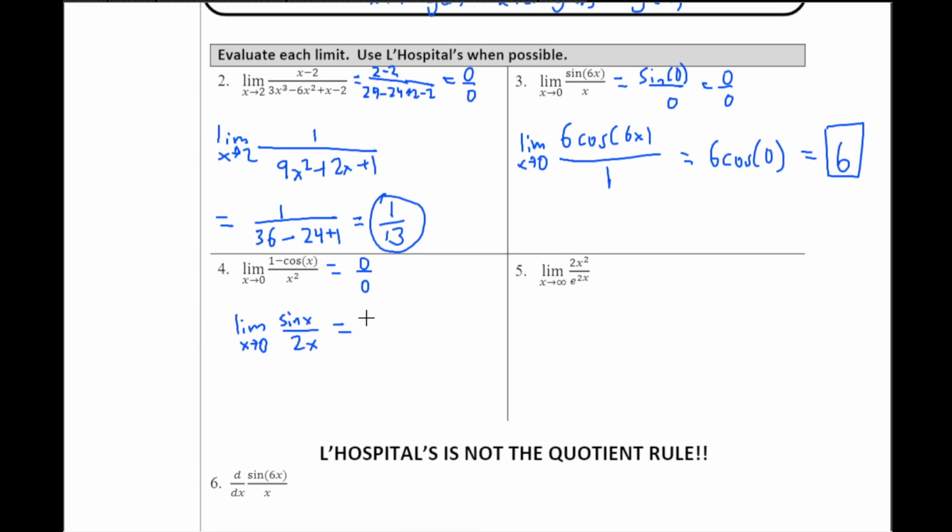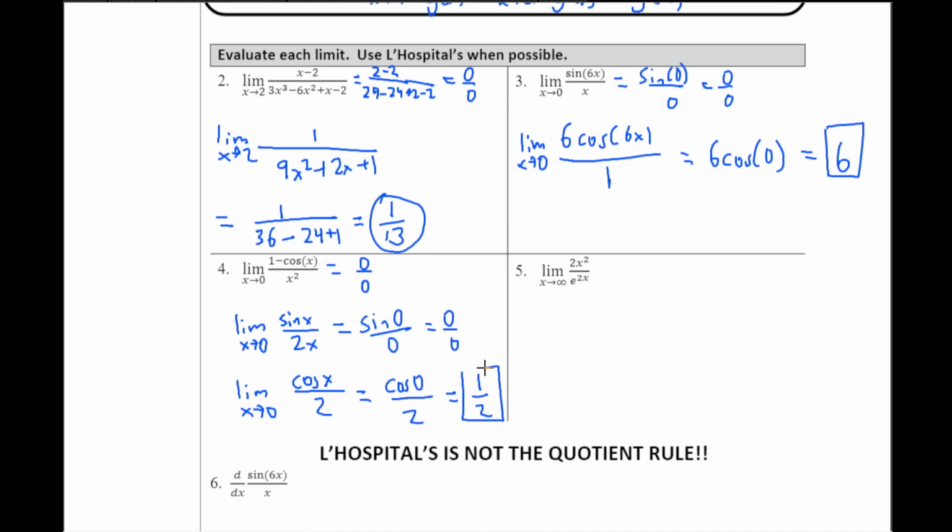And here, if you try substitution, you get sine 0 over 0, which is still 0 over 0. So we can use L'Hopital's rule again. So take the derivative of sine x, which is cosine x. Take the derivative of 2x, which is 2. And now if you plug in 0, it's cosine of 0 over 2, and that's 1/2.